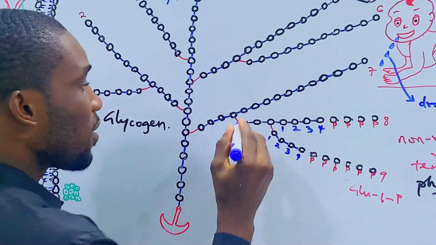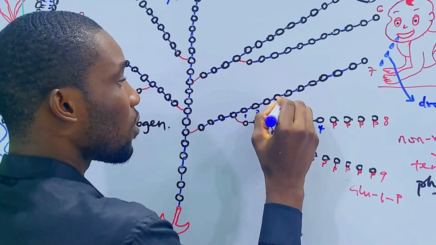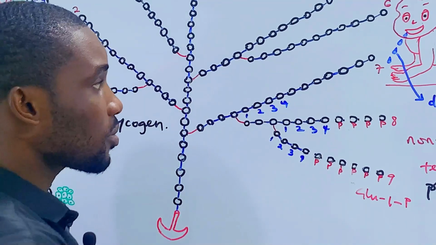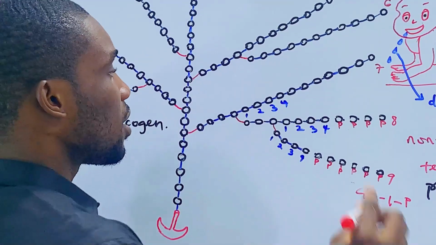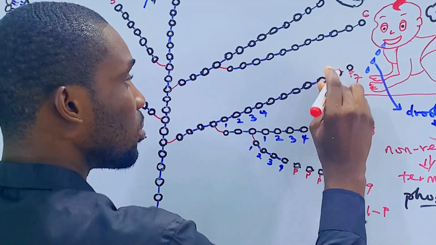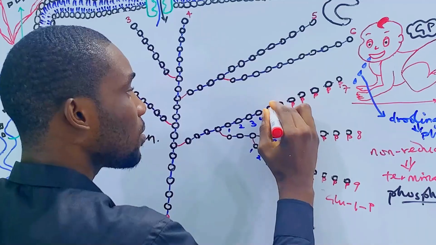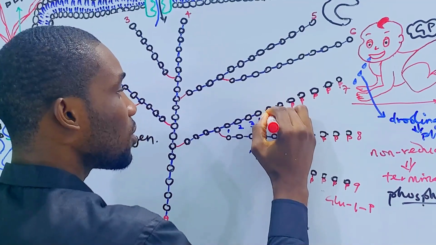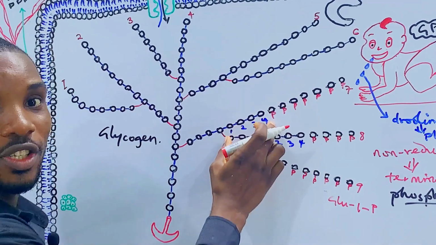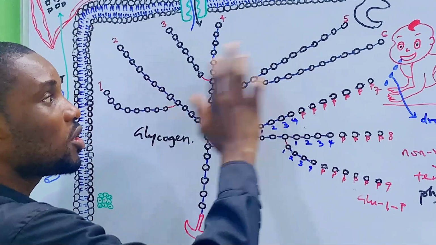So we'll count first glucose unit, second glucose unit, third glucose unit, fourth glucose unit. Baby GP then comes to break this, adding phosphates, break this, adding phosphates. The cycle continues until we have 4 glucosyl units. Okay, so the same thing goes on for each of the chains, right?